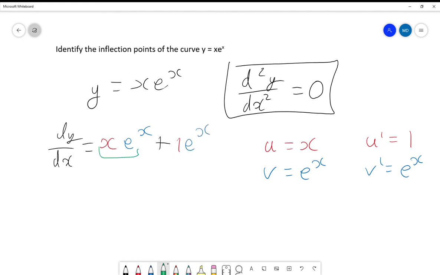And that simplifies. We get dy by dx is equal to x e to the x plus e to the x. Now we want to differentiate that.